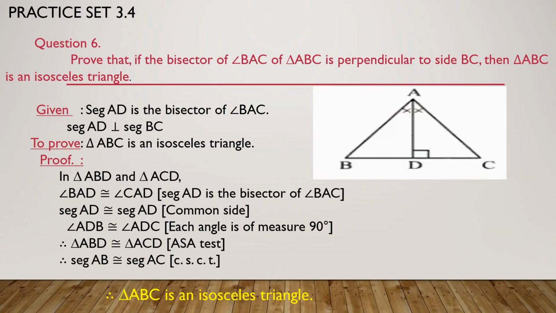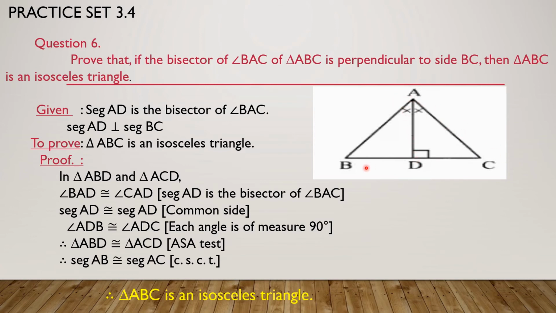Question number 6. Prove that if the bisector of angle BAC of triangle ABC is perpendicular to side BC, then triangle ABC is an isosceles triangle. First you have to draw the triangle ABC, and the bisector of angle BAC is perpendicular to the side BC.